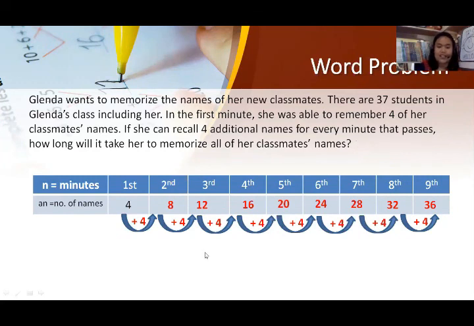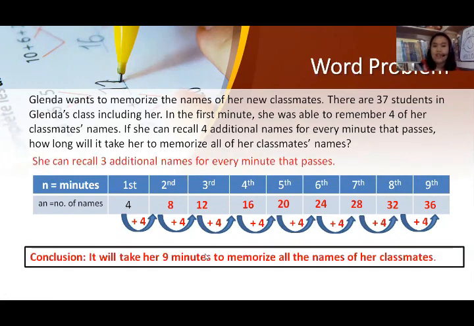Okay, so as you can see, ganun lang siya kadali. And it's very useful in our daily lives. If you were my students in my business mathematics class last 2018, ito yung isa pang application ng number pattern.